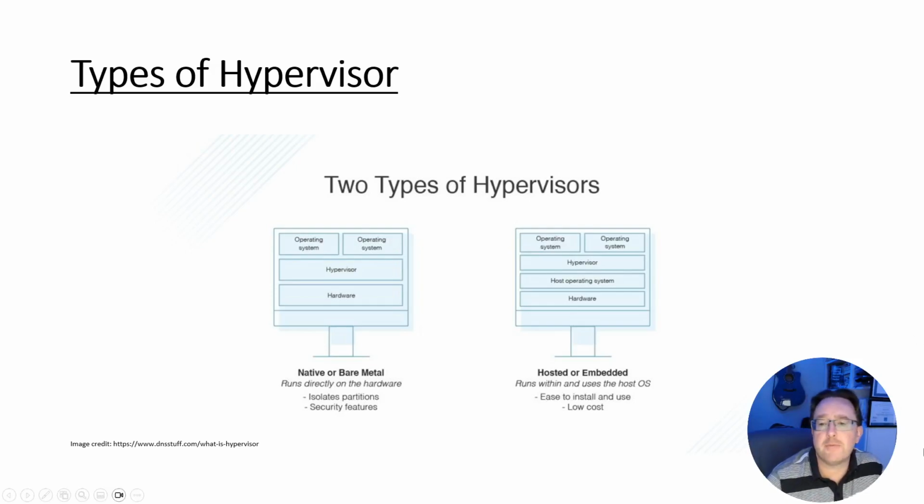Now the type 2 hypervisor runs within a base operating system. So you've got your hardware here, then you have your host operating system, so your Windows, Linux, whatever that may be, and then your hypervisor software sits on top of that, and then your VMs sit on top of that hypervisor.